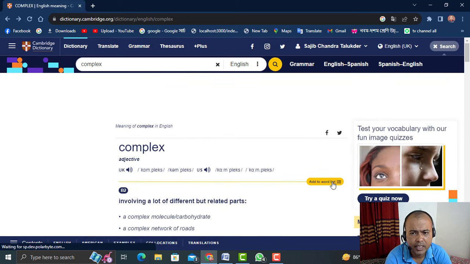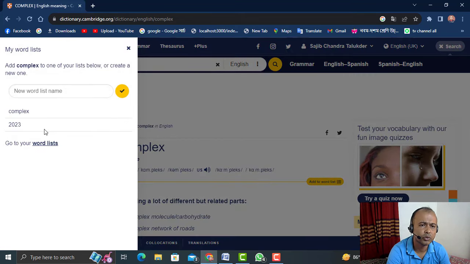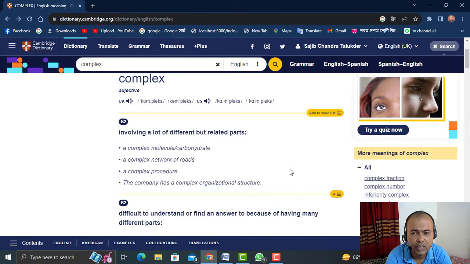And you can save this, for example 2020. I mean, for 2020 you have got these words which were unknown to you. So this is the thing you can use for saving your unknown words.